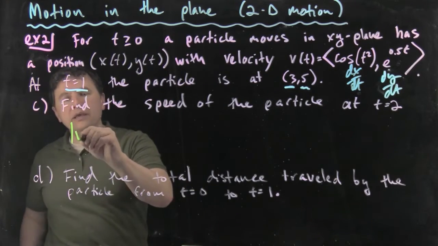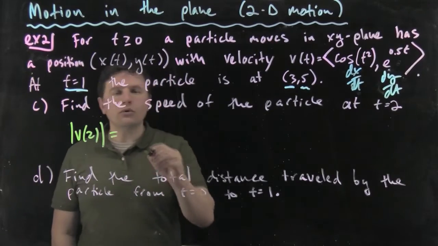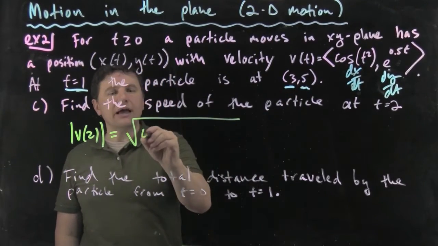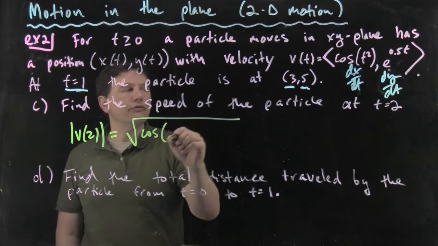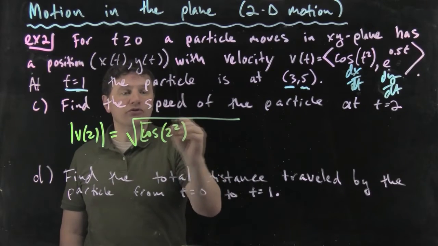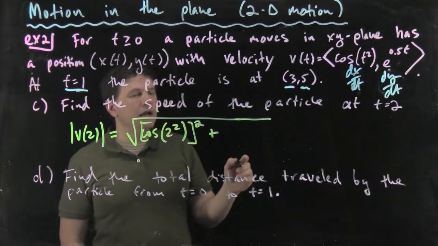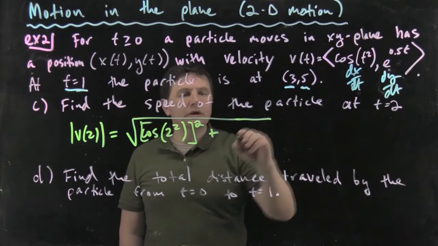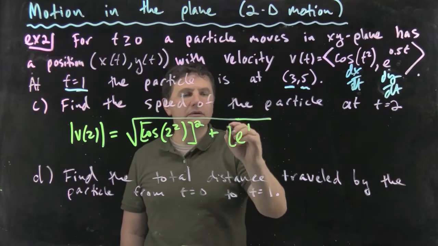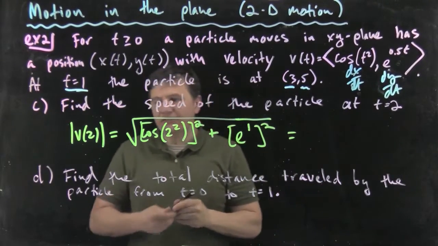So my speed at t equals 2 would be the square root of cosine of 2 squared, and then we're squaring that, plus e to the 0.5, actually let's just call that 1 squared, and that will give us our speed.